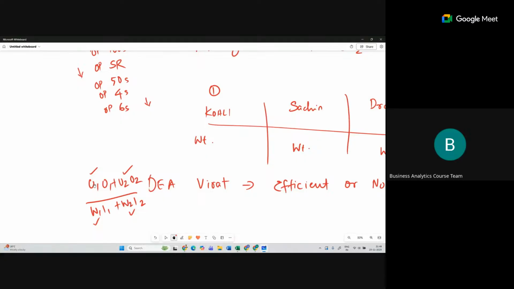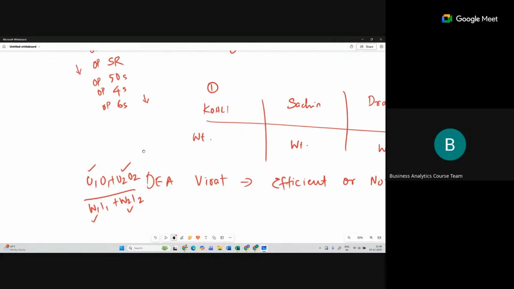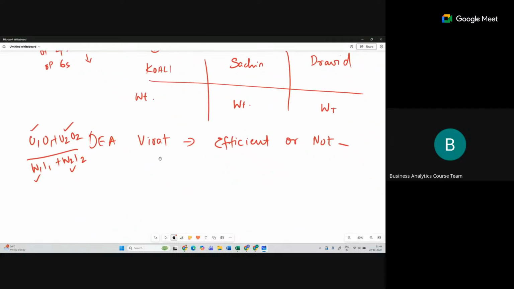Virat will focus more on sixes. Virat will focus more on number of hundreds and so on. Then we will check whether Virat is efficient or not based on the weights we have derived for Virat. So far with me? Yes, sir. Now use the same weights that Virat used, U1, U2, I1, I2. Check whether Sachin is efficient for the weights of Virat.